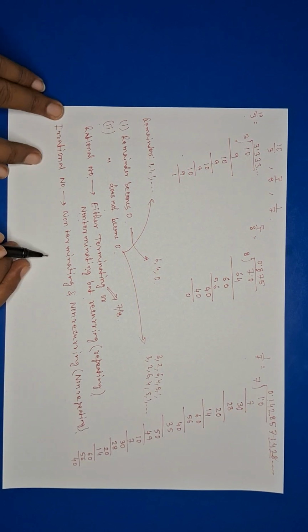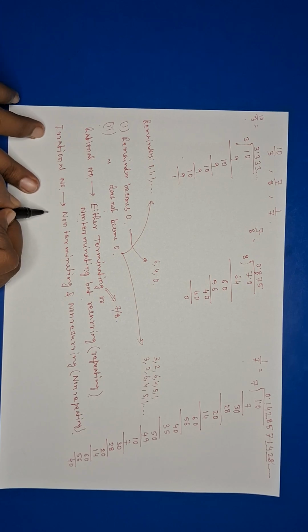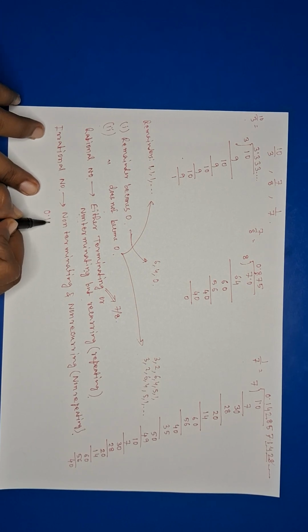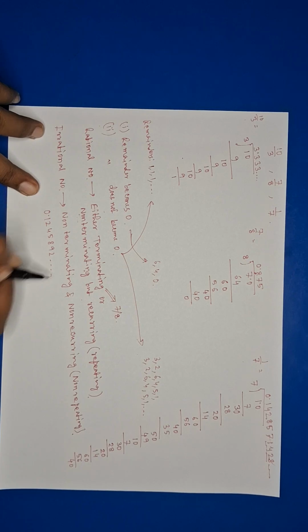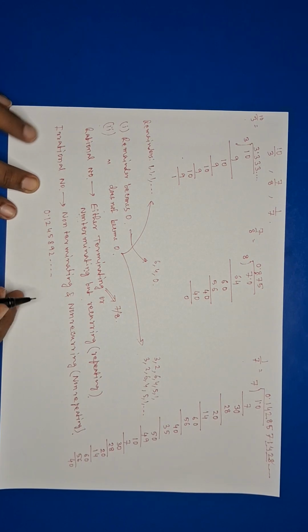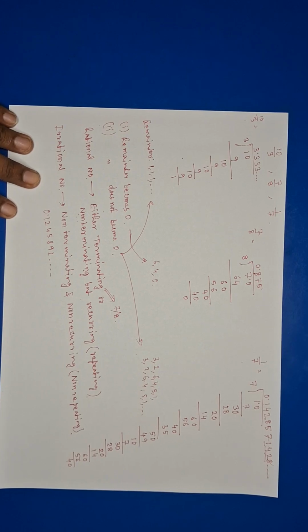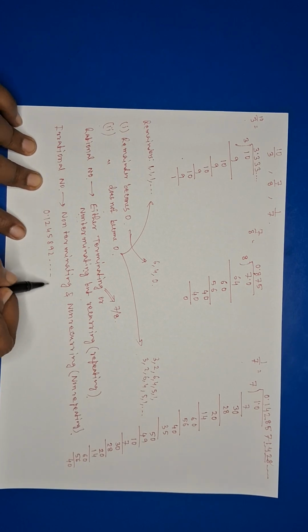What are some examples of this? Like 0.1245892 dot dot dot. This is an irrational number. It is non-repeating or non-recurring and also non-terminating.